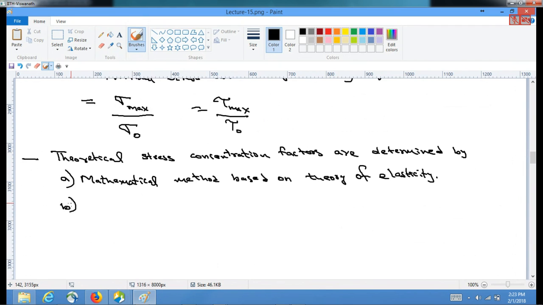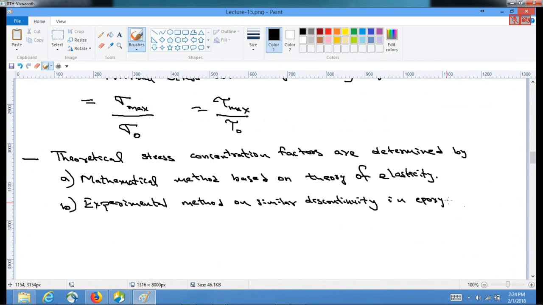Next thing is experimental methods on similar discontinuity in epoxy resin component, not on actual component.